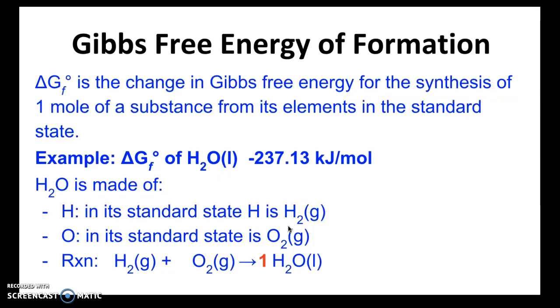Keep that 1 as 1 and then put the correct coefficients in front of your reactants. There are going to be times when we have fractions or decimals. In this case, in order for this to balance out, we would need 1 H2 gas and then a half mole of O2 gas. And so for this reaction, as written, the delta G is negative 237.13 kilojoules per mole, and that's how we got the delta G standard formation.